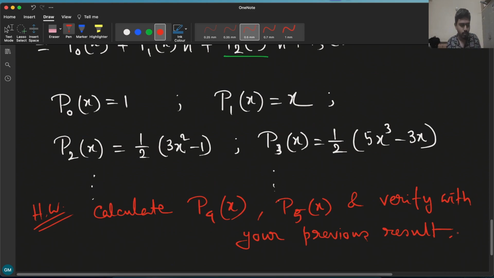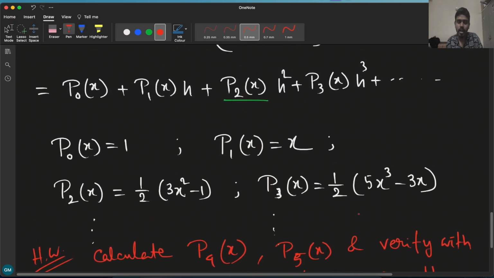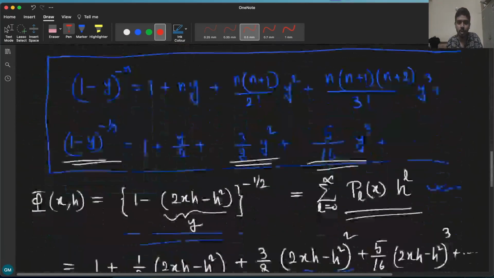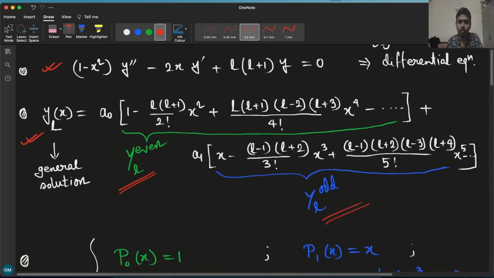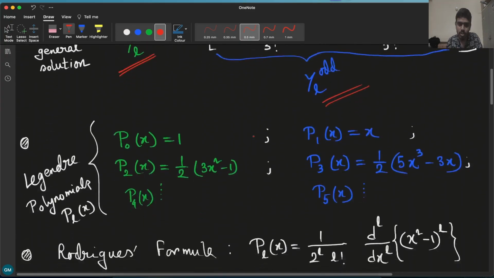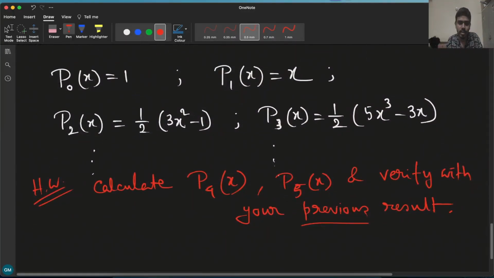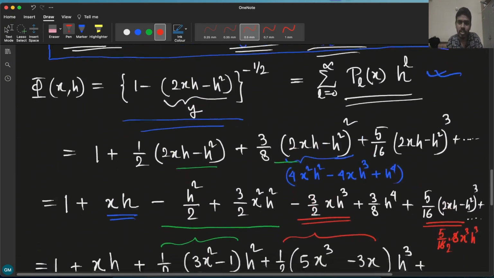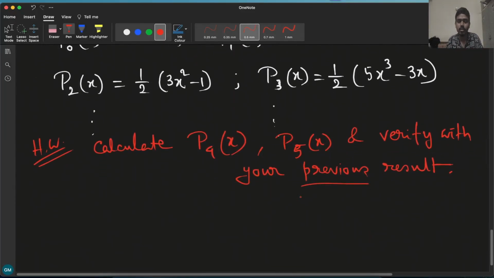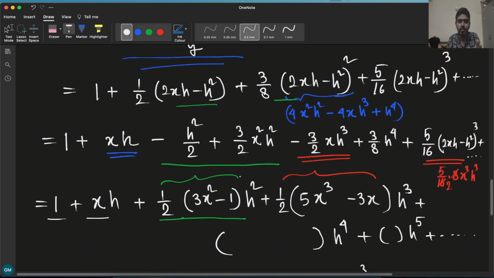Previous result means I have asked you to calculate this p4(x) and p5(x) both from solving the Legendre differential equation and from this Rodrigues formula. So what I am asking now is to calculate p4(x) and p5(x) from this generating function and verify that they are the same as you already generated. But remember, this is not a proof, this is a verification.